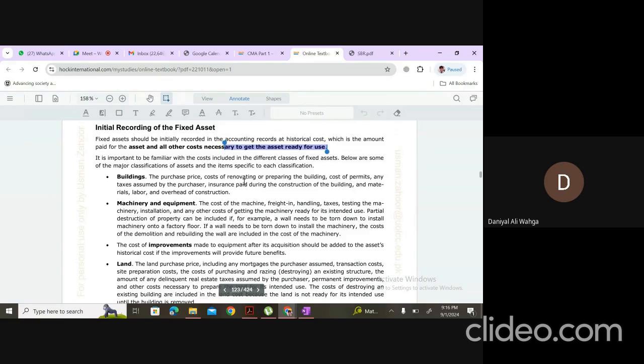Suppose we have acquired a plant from China, and we have paid import duties, carriage charges and an installation cost.